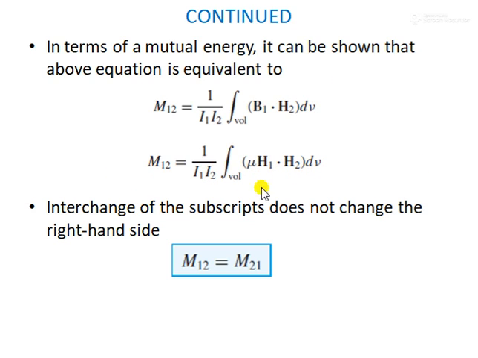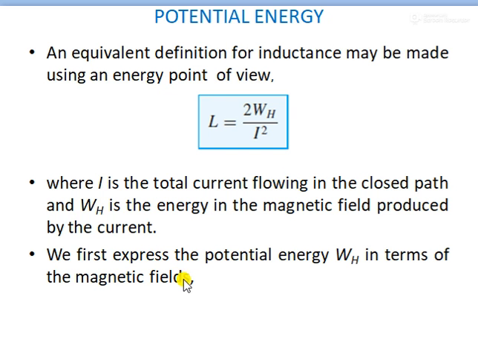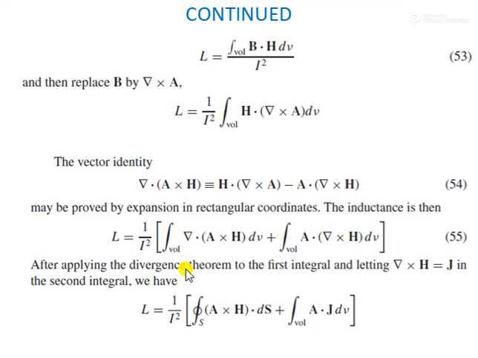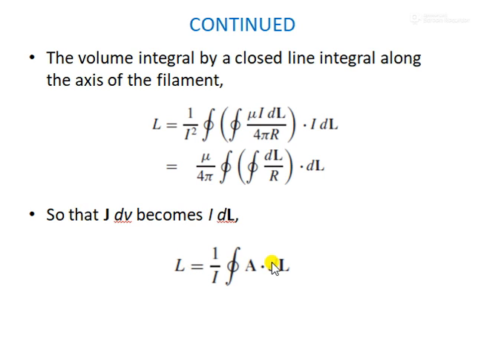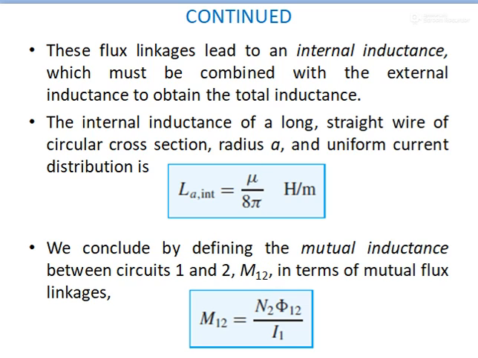This is the mutual energy, that is, the mutual flux linkage. Interchange of the subscripts does not change the right-hand side, so M12 is equal to M21. So this is about the potential energy expressed in the magnetic field, and it can also be used to determine the value of L in terms of the vector magnetic potential and dl, and also the mutual inductance.